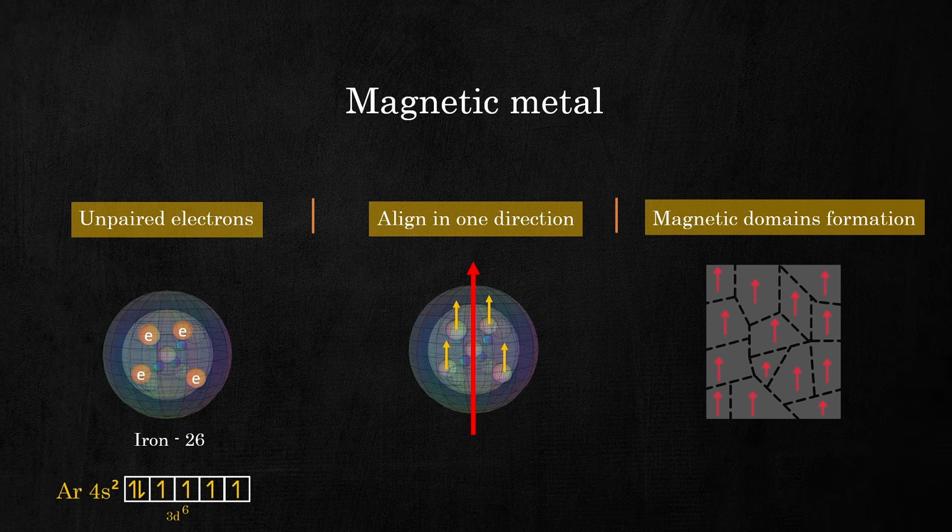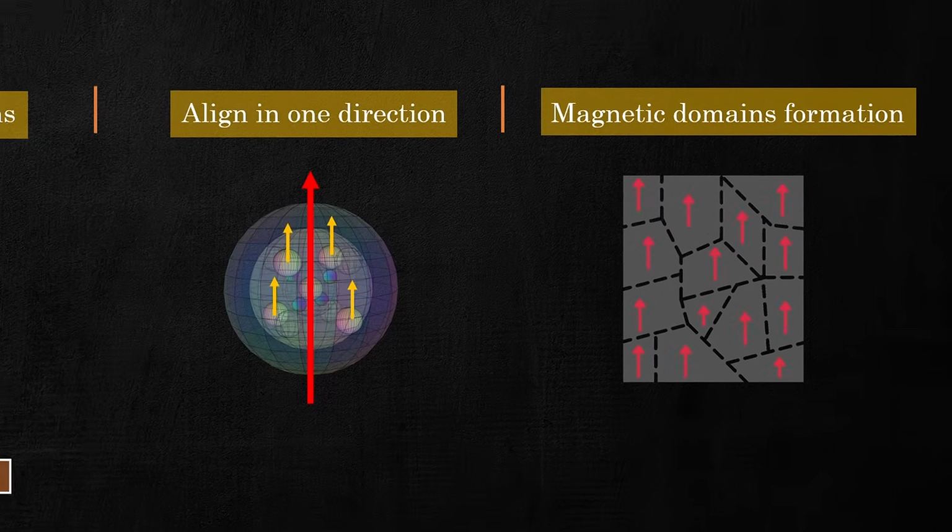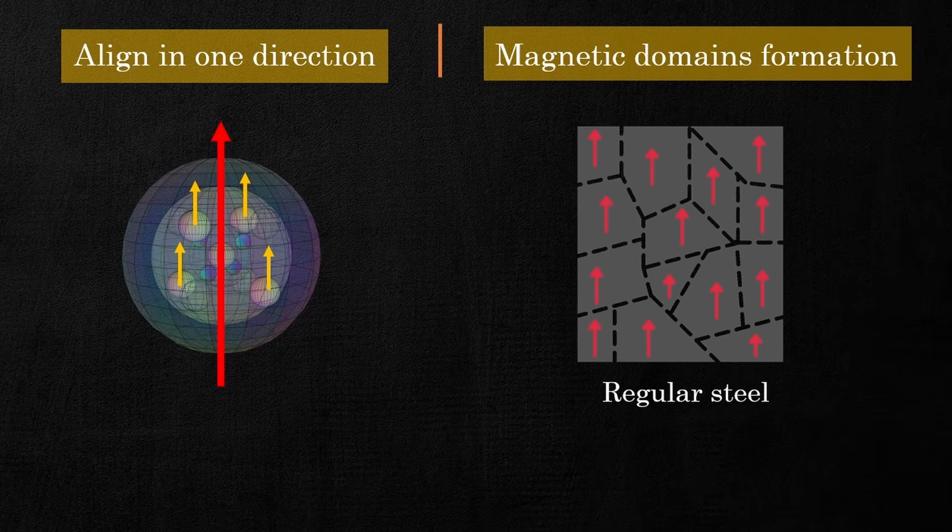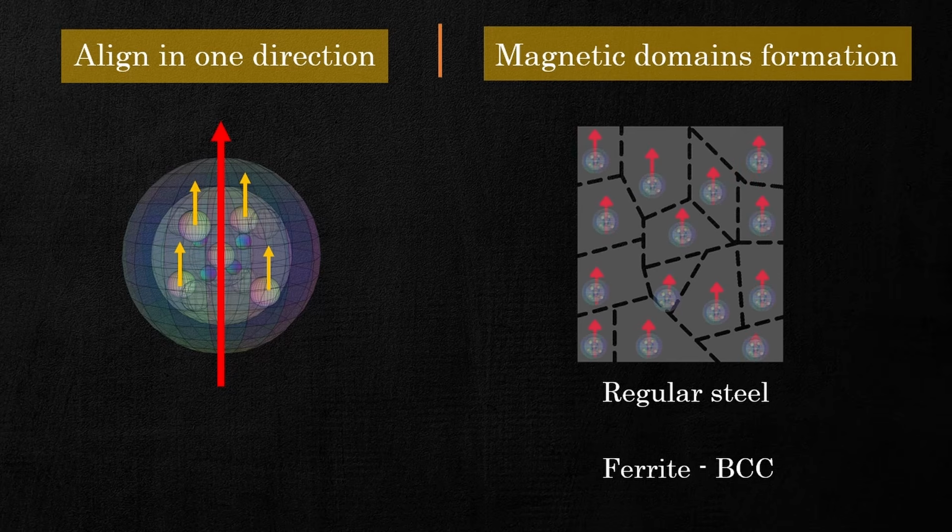Iron has 4 unpaired electrons. And in regular carbon steels, the ferrite phase has a BCC structure. The BCC crystal structure easily allows the spin of unpaired electrons to align and allows the magnetic domains to form. So BCC ferrite becomes strongly magnetic.